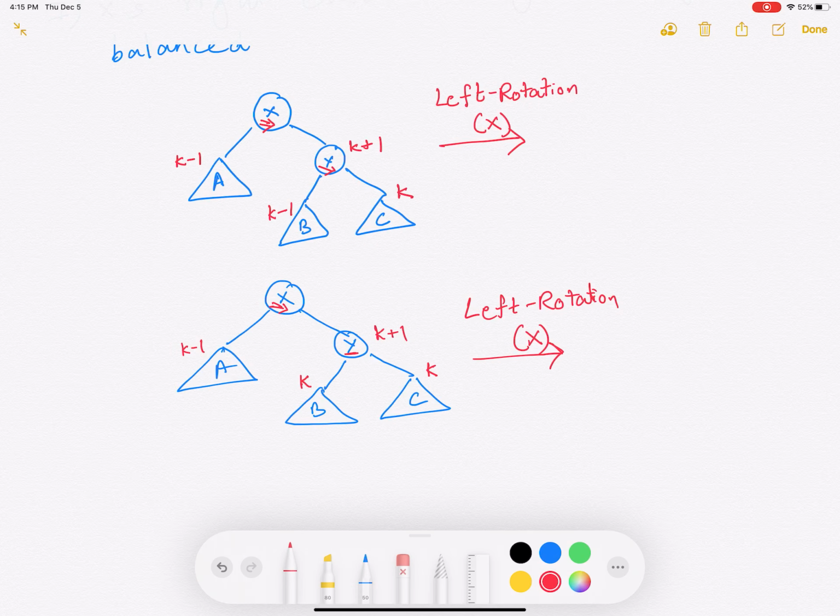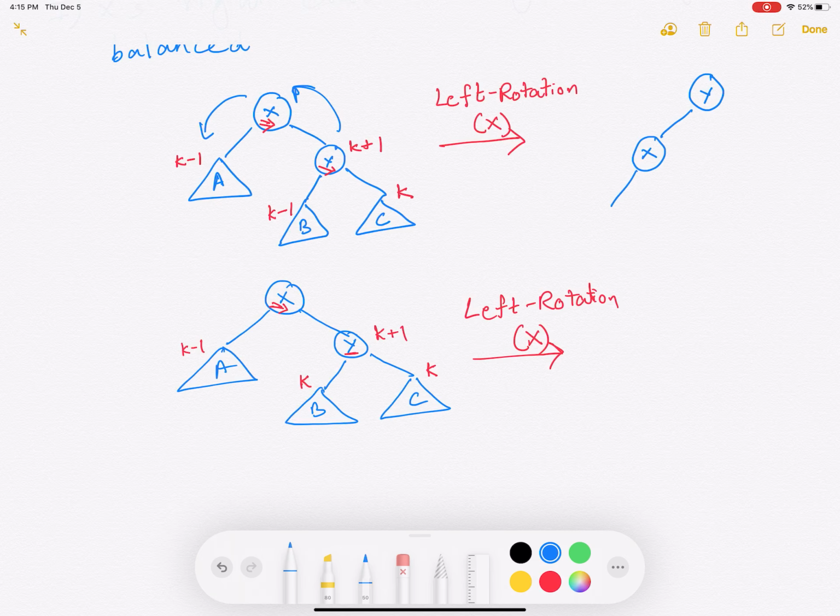If you do that, what is going to happen? If you left rotate X, X is essentially going to move down here, and Y is going to move up there. You can think of it as a pulley pulling down X, and then automatically Y just moves up. So Y becomes the parent of X, and X comes down here.